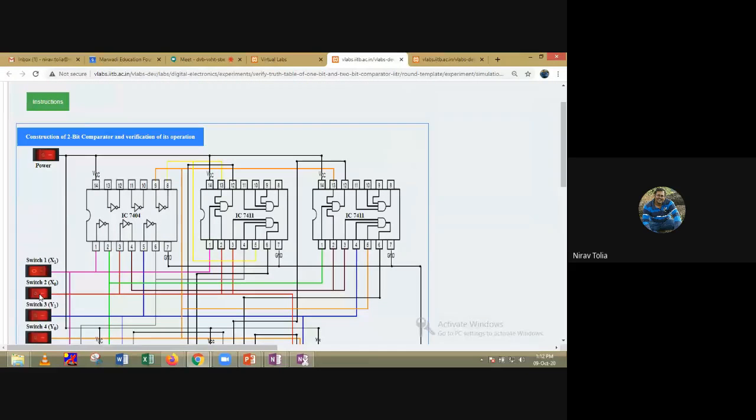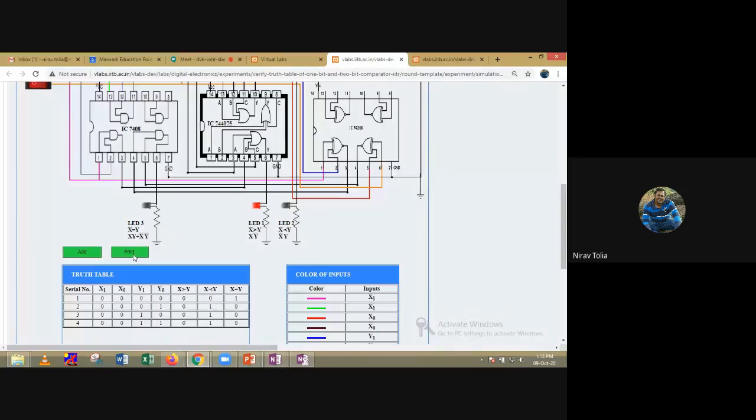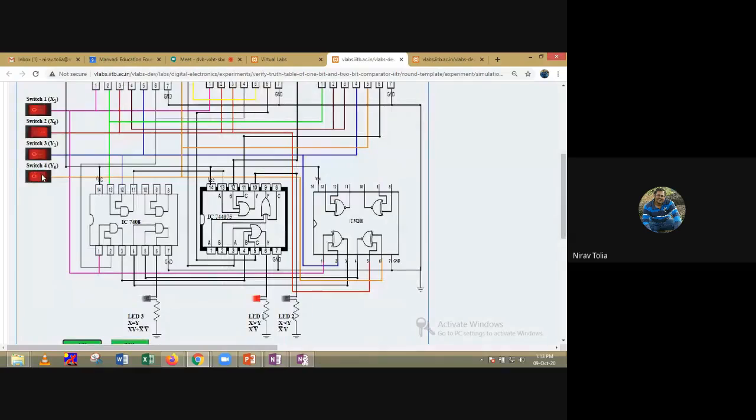Now there is a time for greater than. So 0100, X is greater than Y. Then 0101, X equal to Y, add to the table.